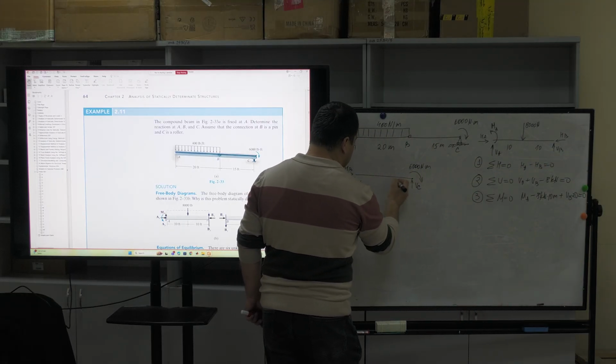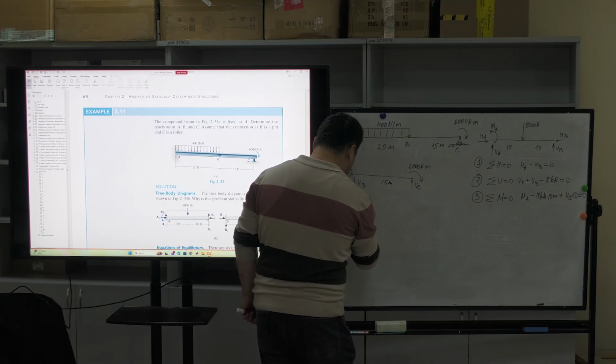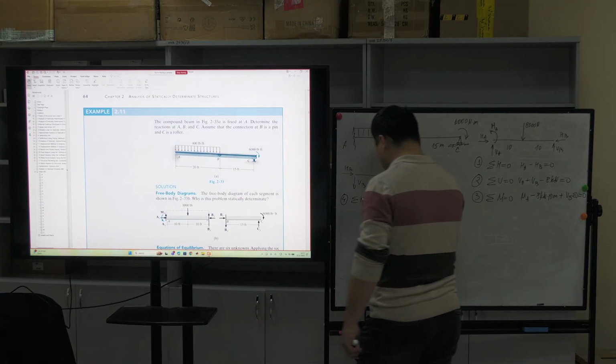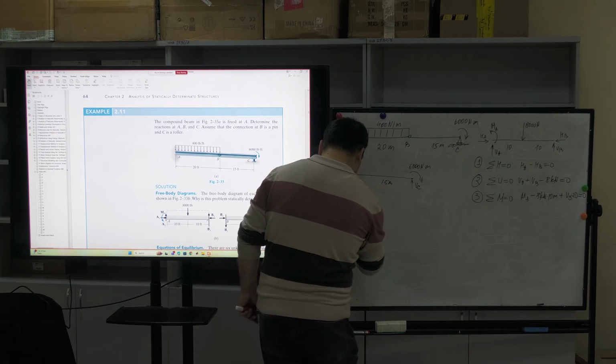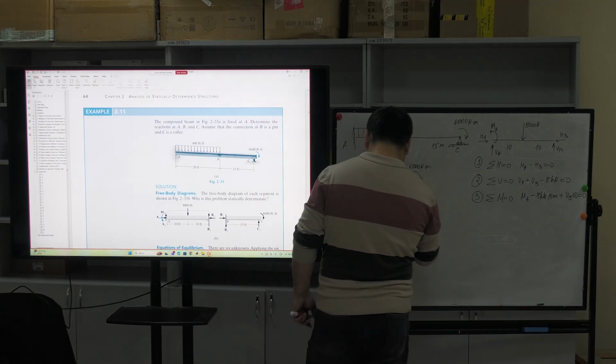Next, we have here 15 meters length. Sum of horizontal forces, again, is equal to 0. This is equation number 4. And equation number 5: sum of all vertical forces is equal to 0. HB is equal to 0.